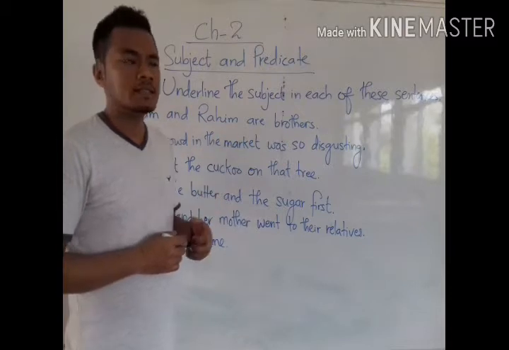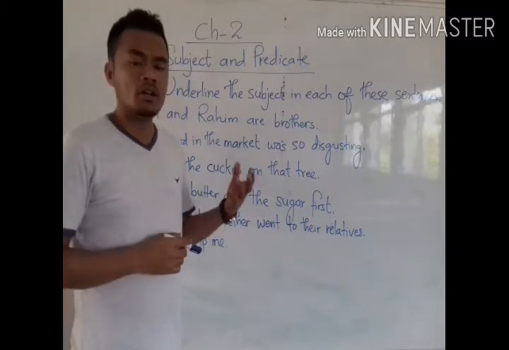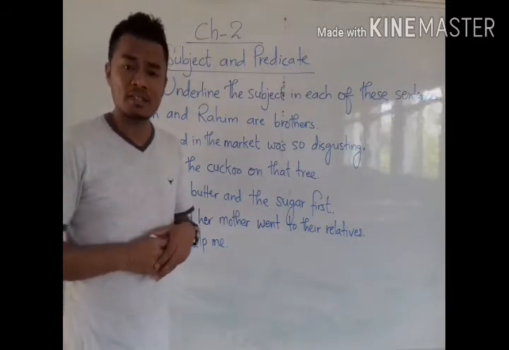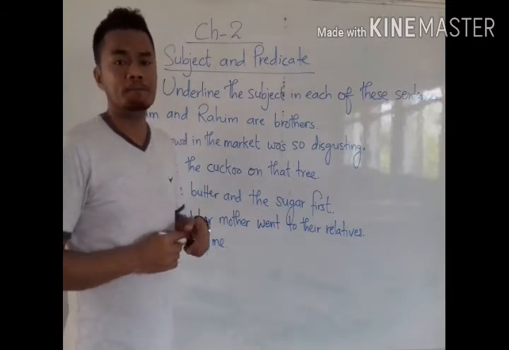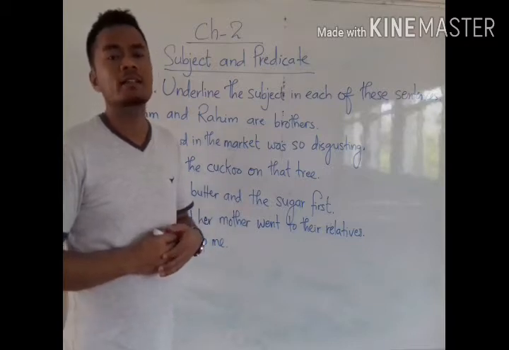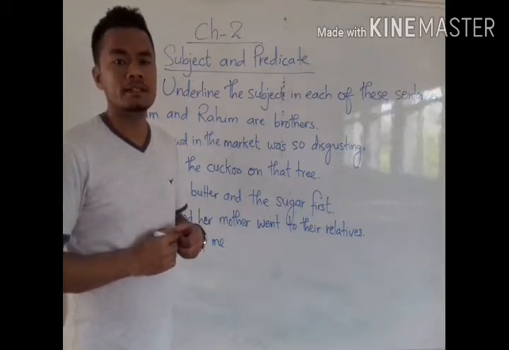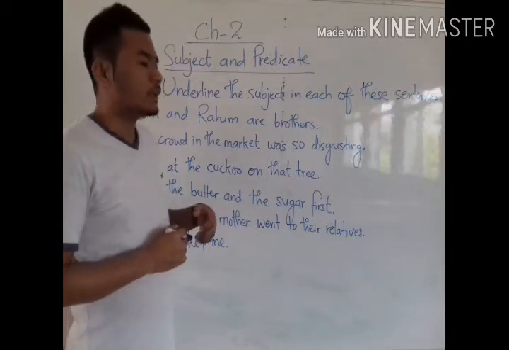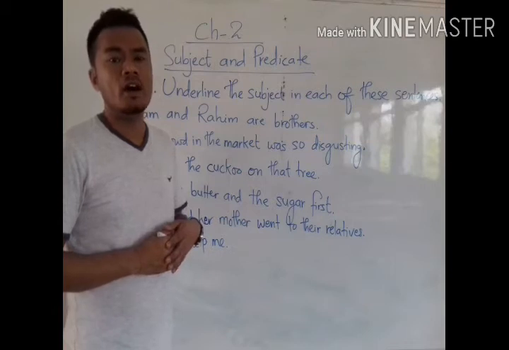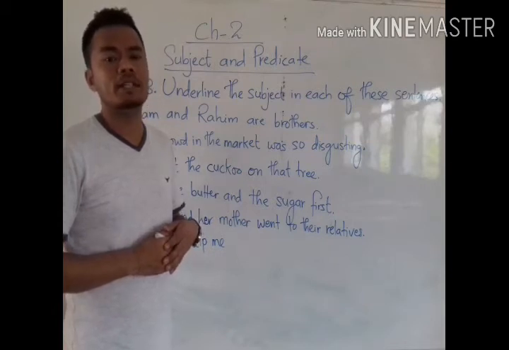Sentences according to function are of four main kinds. They are assertive sentences, imperative sentences, interrogative sentences and exclamatory sentences. Now, in each kind of sentence, how do we identify subject and predicate?